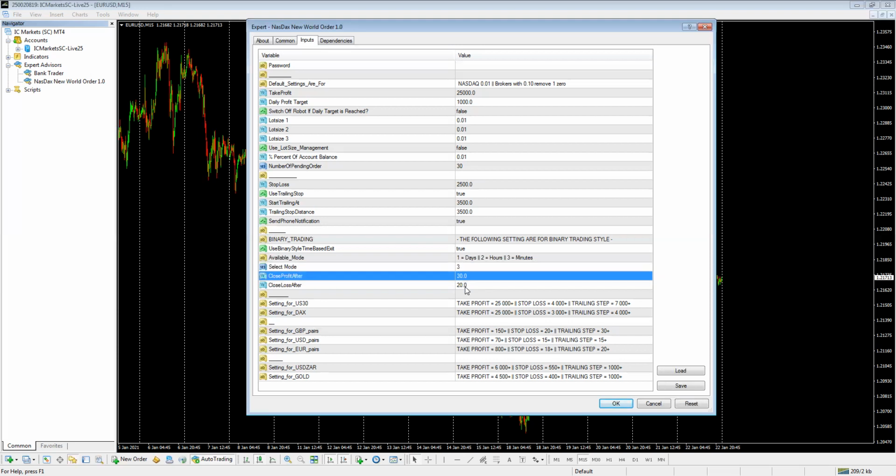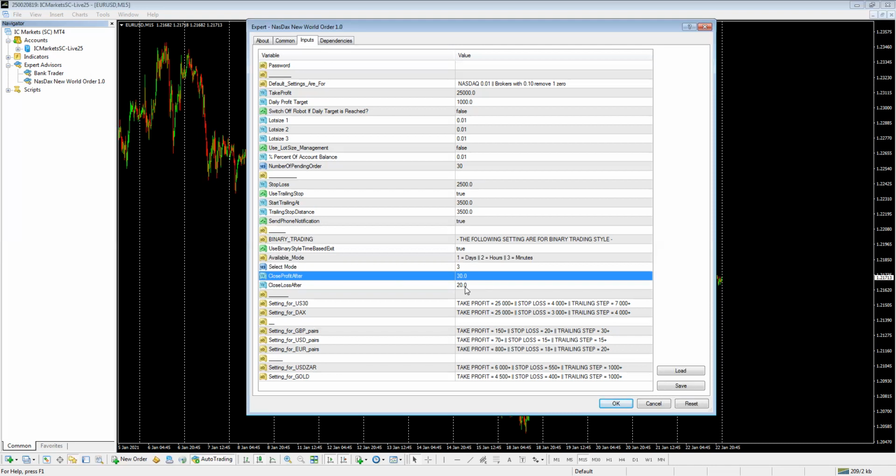If the trade is going in your favor and you have reached a certain amount of pips, the robot will not close until it finishes 30 minutes. So this is what's happening with time-based exit. You must be familiar with binary trading, then you can use it. If you were someone who was trading binary before, then you already know how this works.